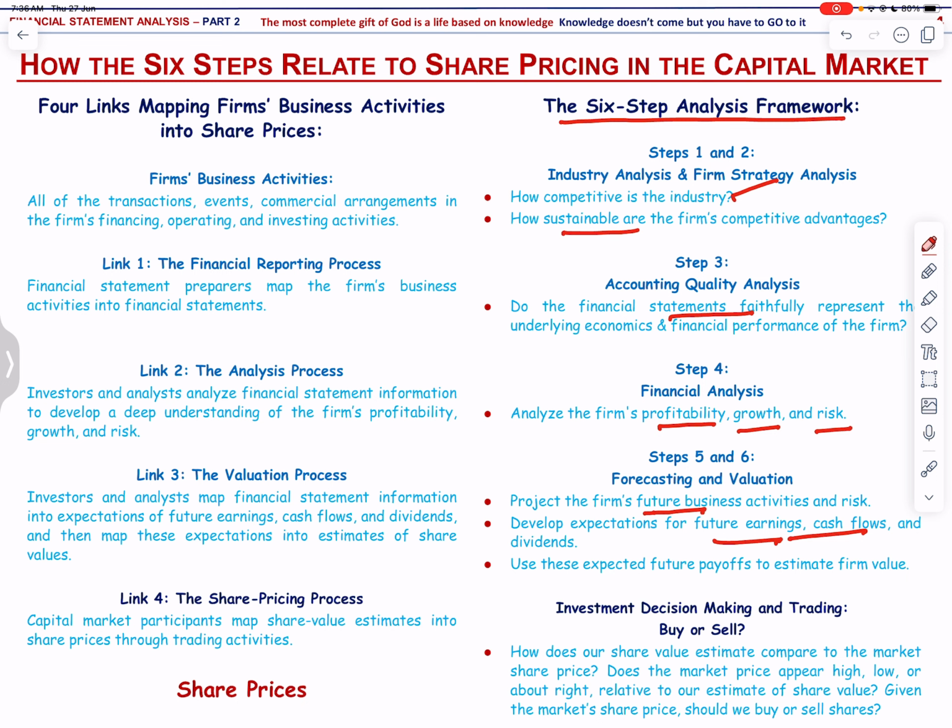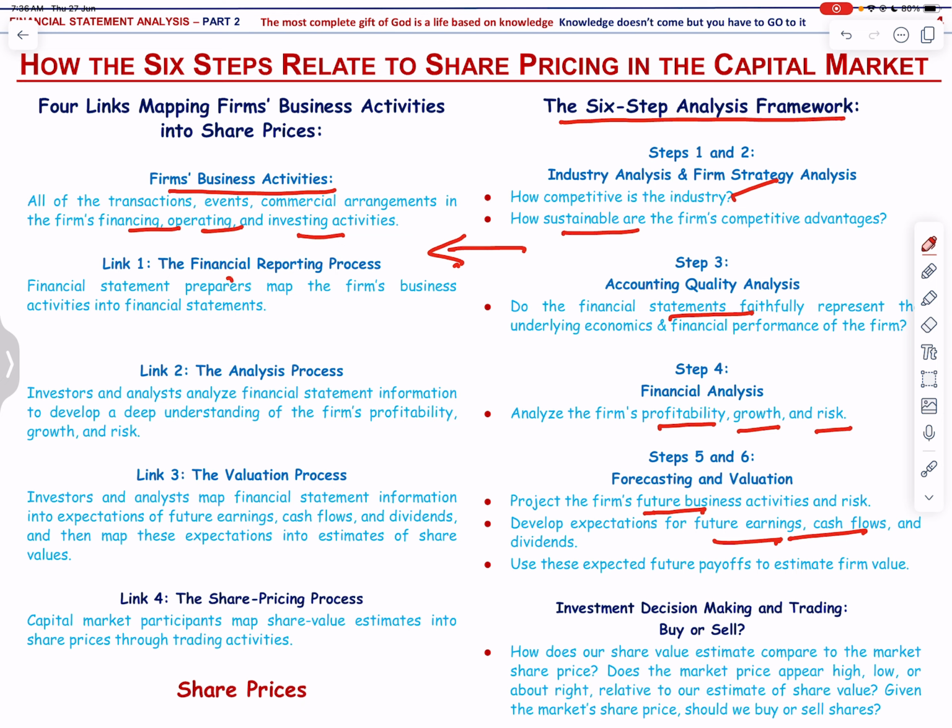On the left hand side, the firm creates shareholders' value through their business activities like financing, operations, and investing, aiming to gain a competitive edge in the industry. This setup helps us to understand how firms create shareholder value through effective industry competition analysis and strategy evaluation.